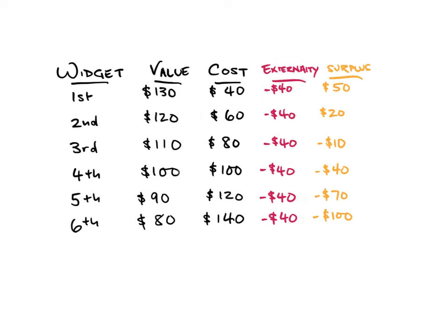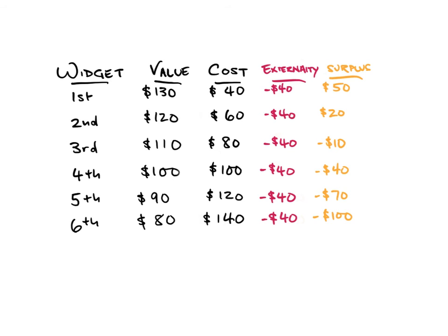And the second widget goes to someone who values it at $120. It would cost $60 to produce, $40 of damage to the environment, and so it produces $20 of total surplus if we count the value that goes to everyone in society. Then when it comes to the third widget, the total surplus is negative $10. The fourth widget, negative $40 of surplus, and so forth.